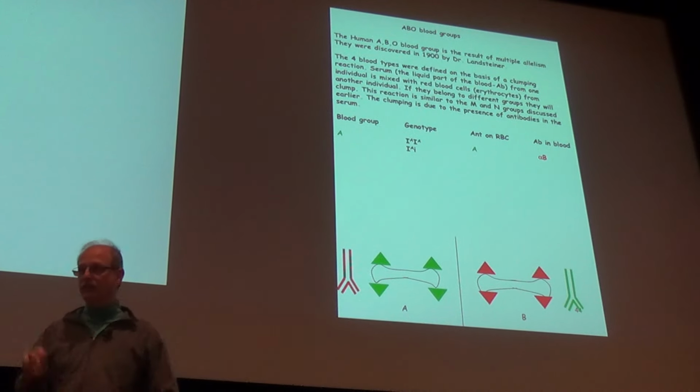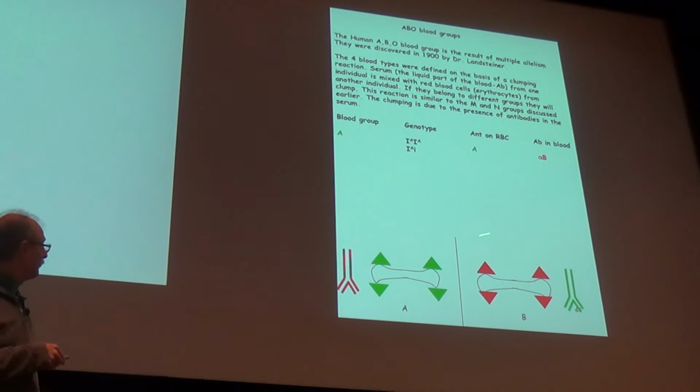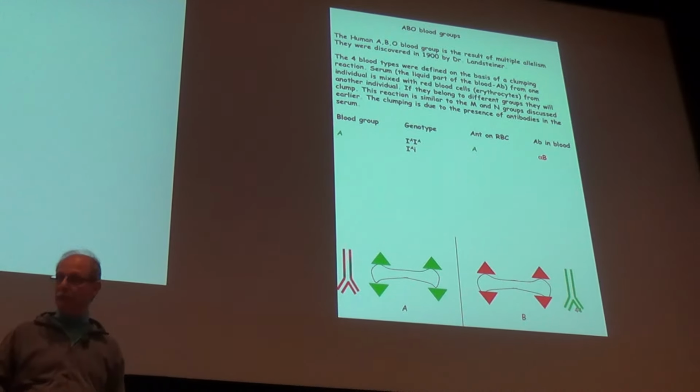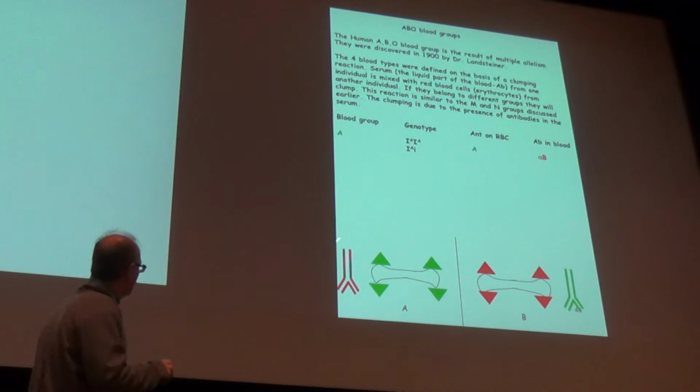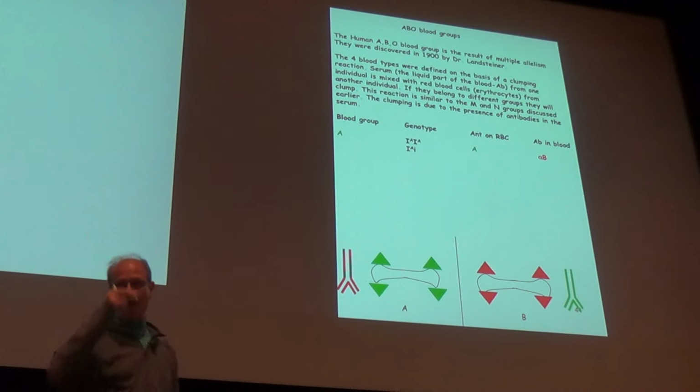Those are the proteins on the surface. In the serum, interestingly, you have antibodies that react not with the antigen A, but with the antigen B. So, in the serum, you have B antibodies, but A antigen on the surface of the red blood cell in an individual with the blood group A.